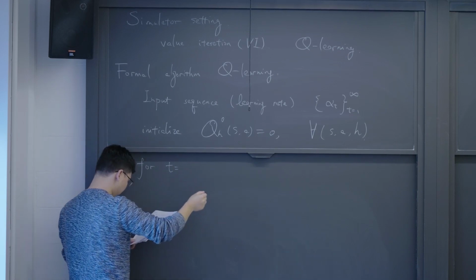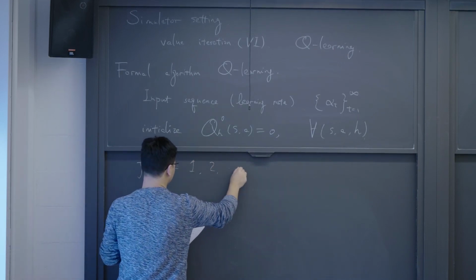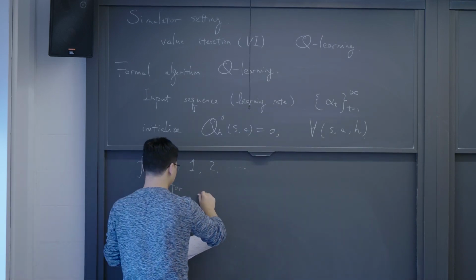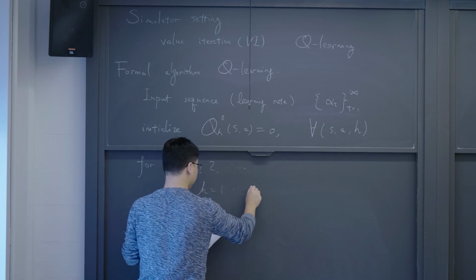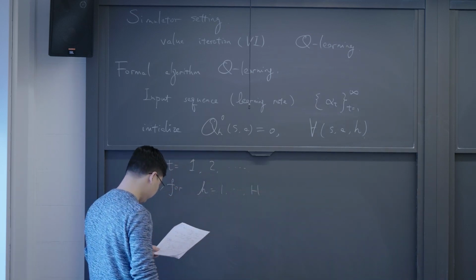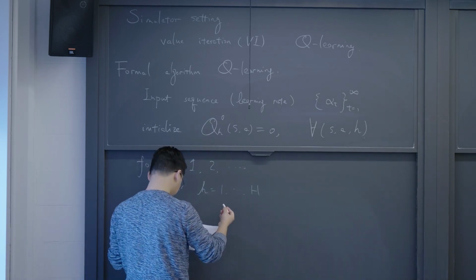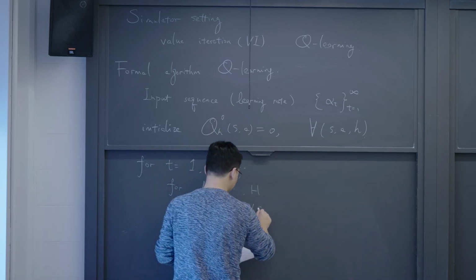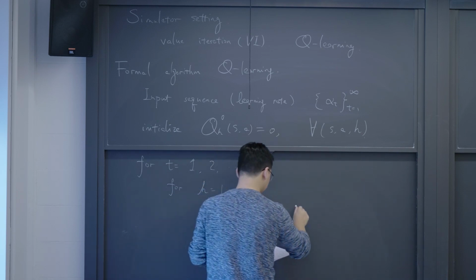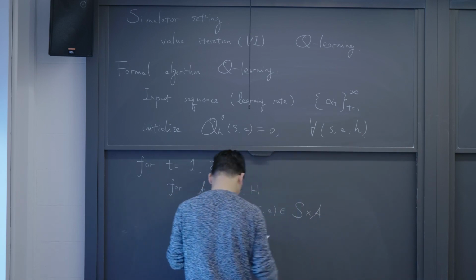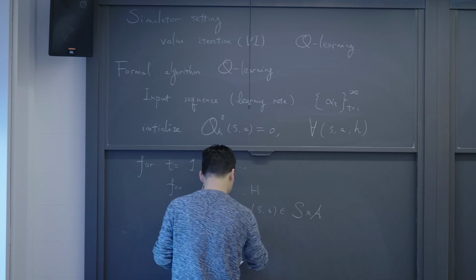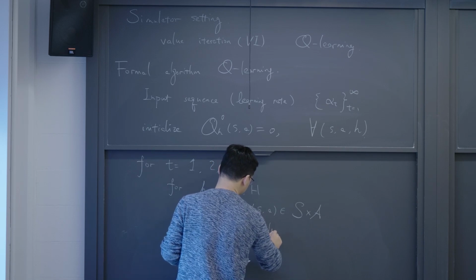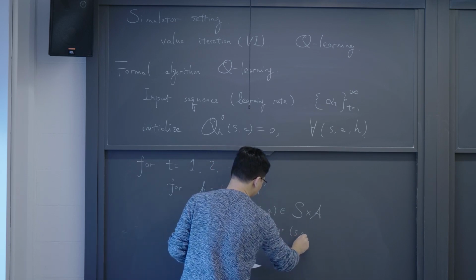That is, for t from 1 to capital T, and then inside the loop, for h equal to 1 to capital H, for all state-action pairs, in this step we will query the simulator at this (s,a,h).